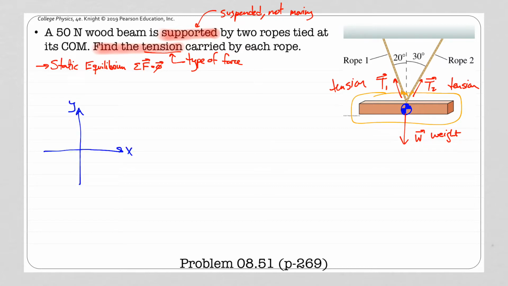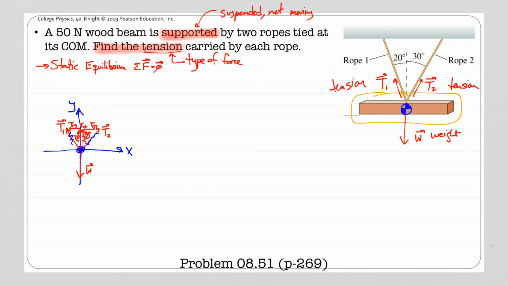Here are our axes, and here's our particle representing the beam with the forces acting on it. We're going to pursue this the way that we normally would. We're going to break our forces into components: T1y, T1x, T2y, T2x, and we're going to turn the two tension vectors into x and y components.